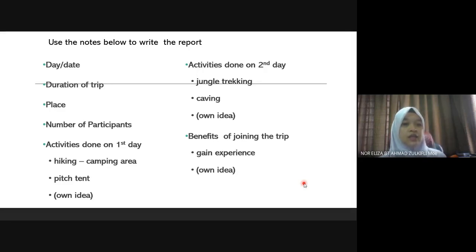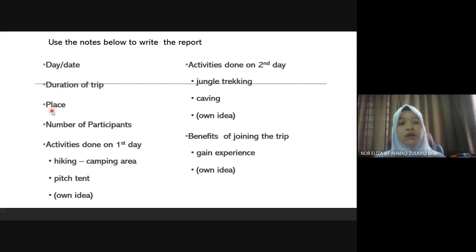If you look at this, for example, I have point number 1 here. This is content point number 1. I have point number 2. You must have the duration of the trip besides the date and the day. And also you must have the place. So this is point number 1, this is point number 2, and this is point number 3.